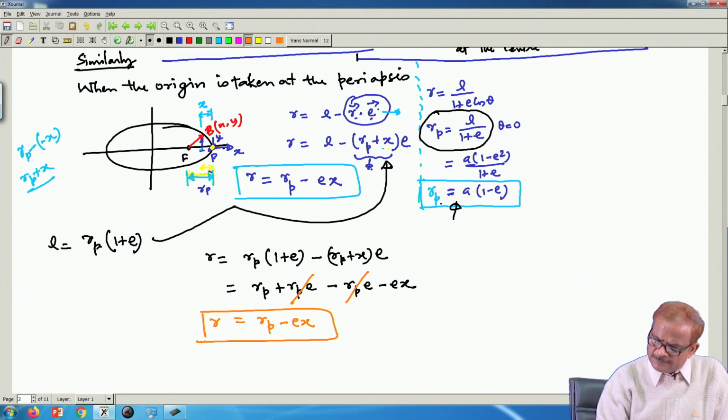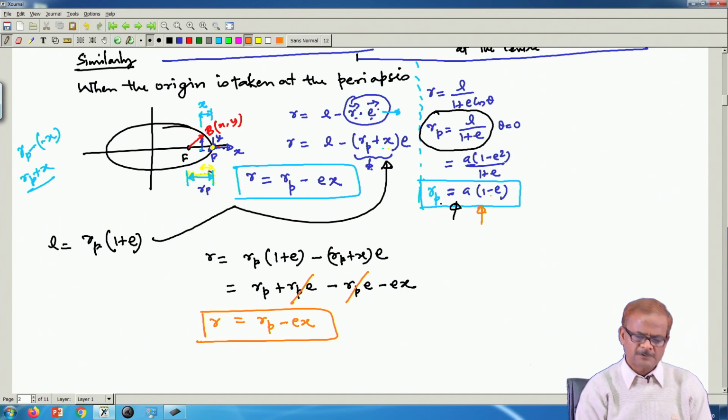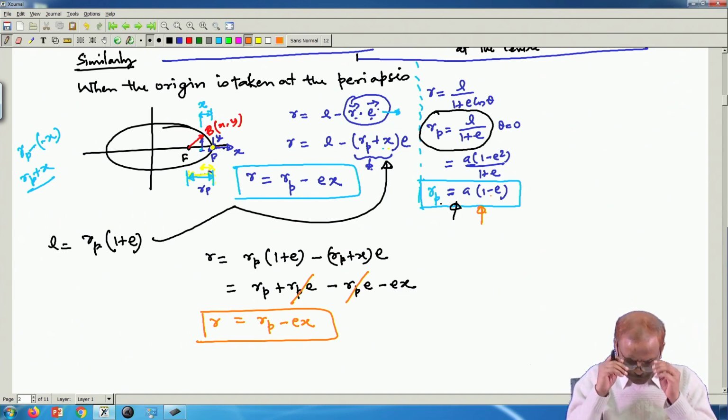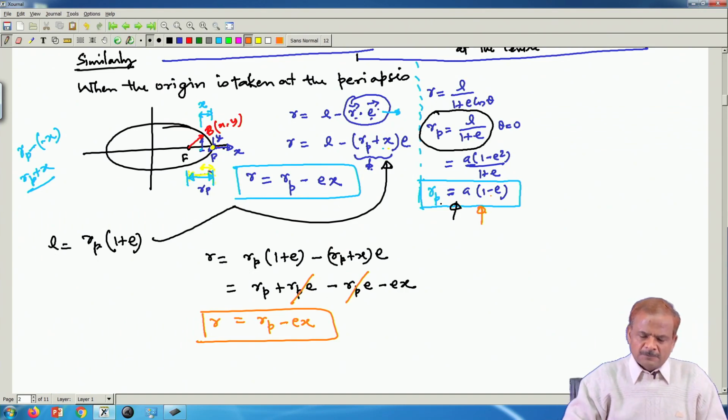So, either you can express it in this way, or we can express it in different ways as we used different equations.